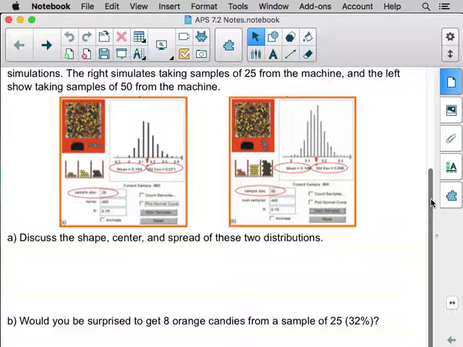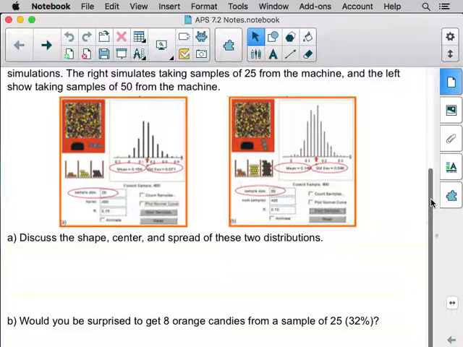What about the spread? Now, this is a little deceptive because the scales are different along the bottom, but what do you notice about the spread of the smaller sample size versus the bigger sample size? Which one has the smaller spread? Again, it's a little deceptive because of the scaling. Look at the scaling along the bottom.